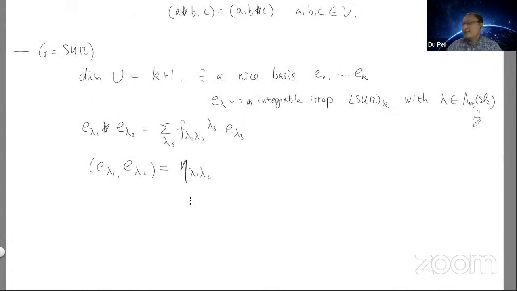In this case, eta will be something very simple. It'll just be delta lambda 1, lambda 2. So all the interesting algebraic structure will be encoded in these fusion coefficients.